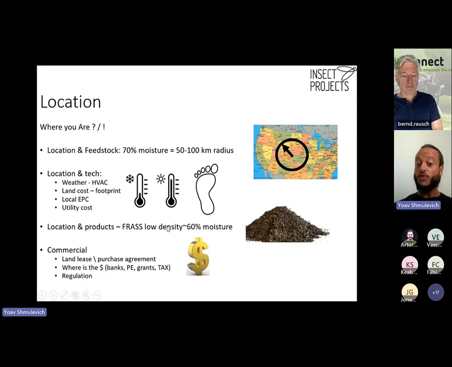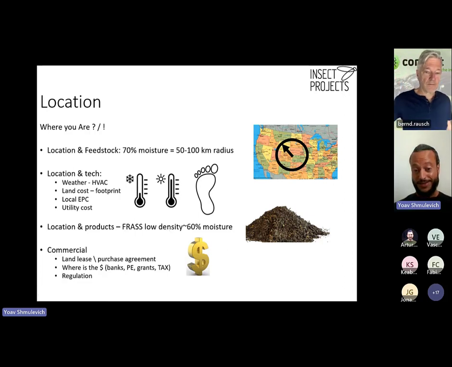It has typically low value, so low money density per ton or per cubic meter of frass, and it also has quite high moisture content, anything between 40 to 60 percent. So that's still a lot of water. So again, we find with the frass that we're quite limited to a 50 to 100 kilometer radius. We have to find someone to take it within this radius.